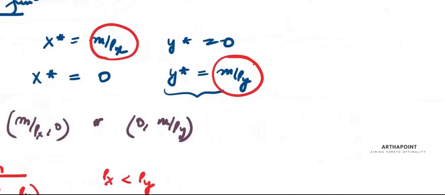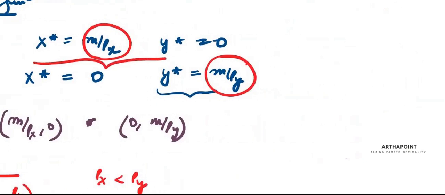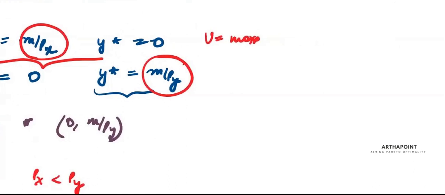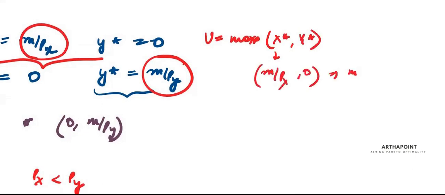Why? Because once you have got this X and Y, your utility was max of X and Y. So it was max of X star and Y star. X star is M by Px, Y star is 0, so its max is simply M by Px. Here, max of 0 comma M by Py is simply M by Py.